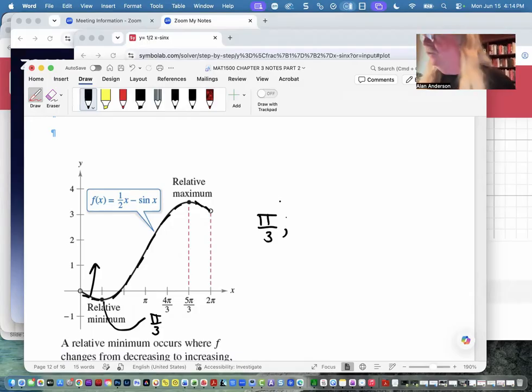I guess we can solve. Hold on a second. We need 1/2 of sine x, 1/2 of x, and the sine of pi over 3.